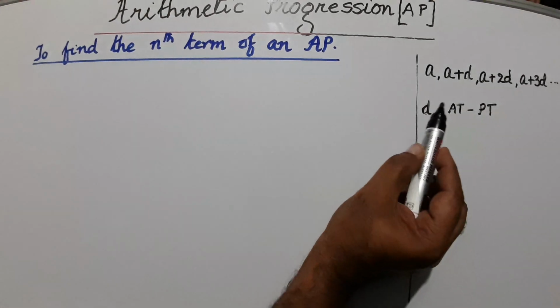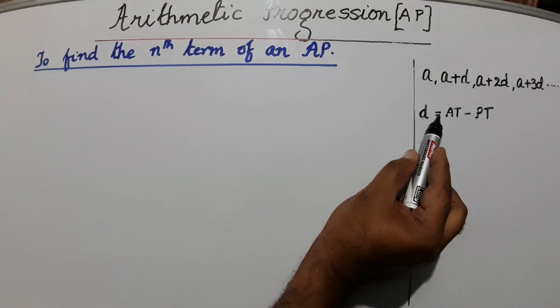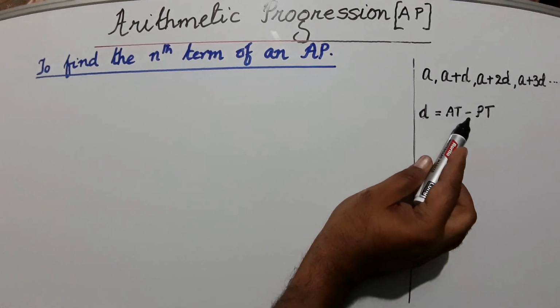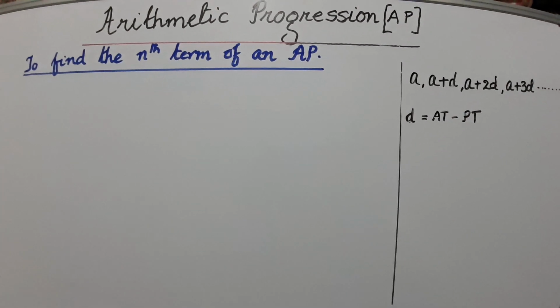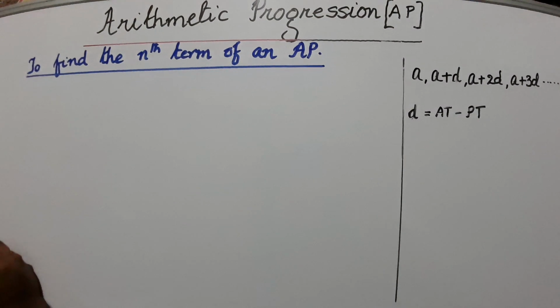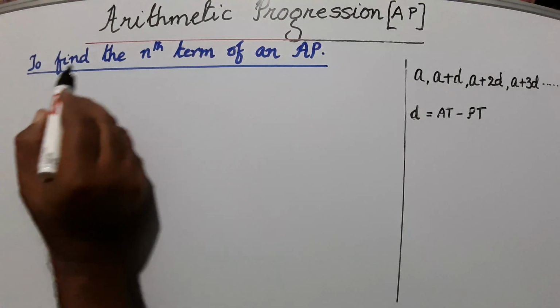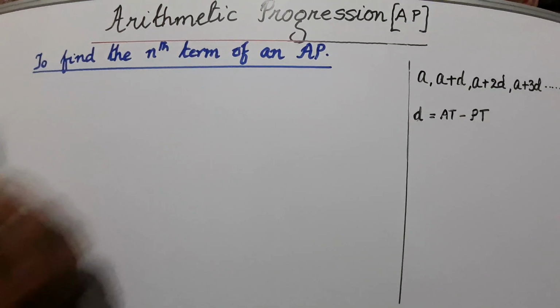And the common difference d is given by any term minus previous term. Now, in this episode, we will try to find the nth term of an AP.